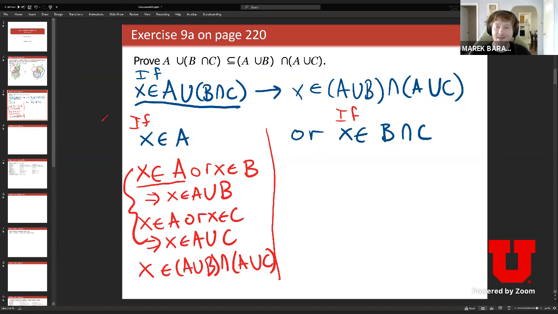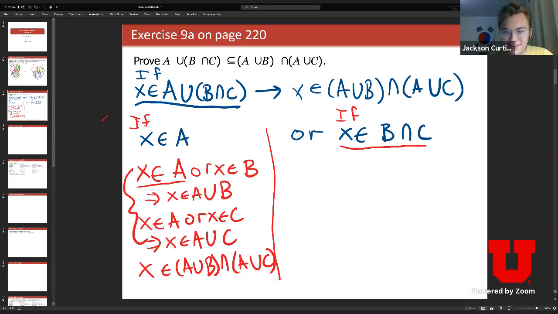Okay, and so for the second I have a question. Sorry. So the process is you look at if x is in A, and then you look at what we're trying to show, the implication, and since x is in A, it's also in A or B. Yeah, exactly. That's the logic.